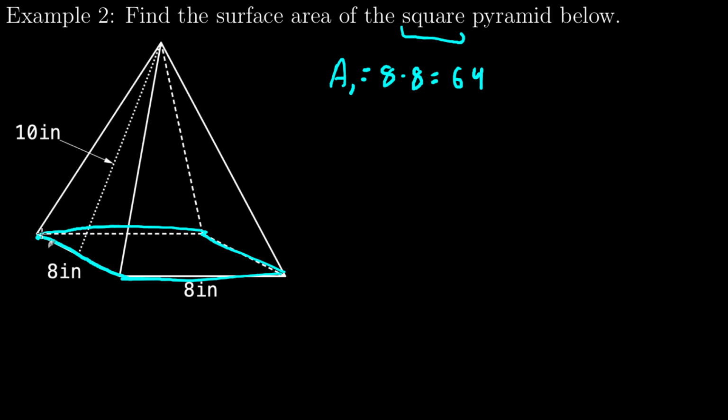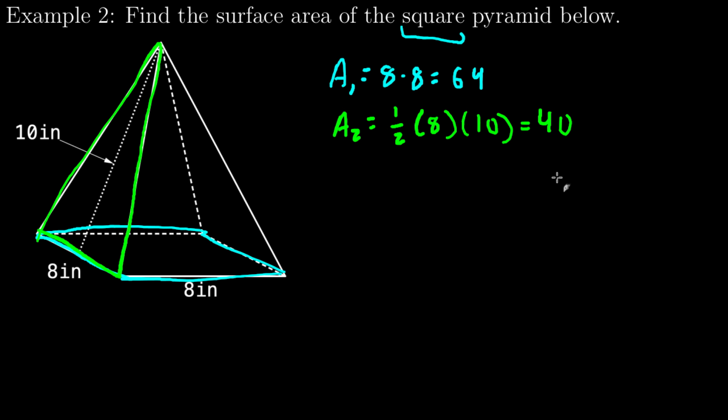Now for the triangles. There are 4 of them going around for a total of 5 faces, so 4 triangles and the 1 square. The triangle has a base of 8 and a height of 10, so its area will be 1/2 times 8 times 10, which is 40. And to find the overall surface area, there is 1 square at the bottom, so I just include the 64 a single time.